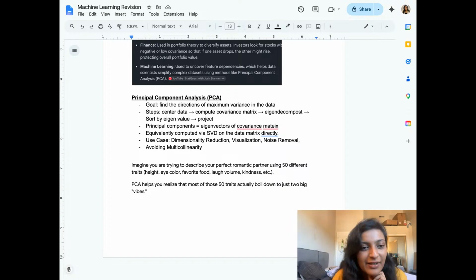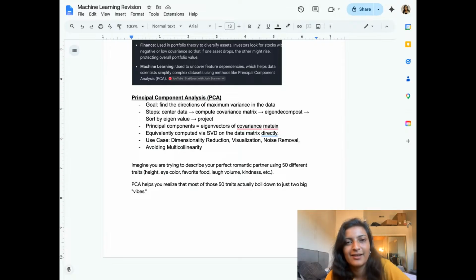Instead of looking at 50 separate numbers, PCA finds the main directions of stretch, the soul and the spark. PC1 combines traits like kindness, shared values, and emotional support. PC2 combines physical attraction, shared hobbies, and sense of humor. This is given by Gemini.